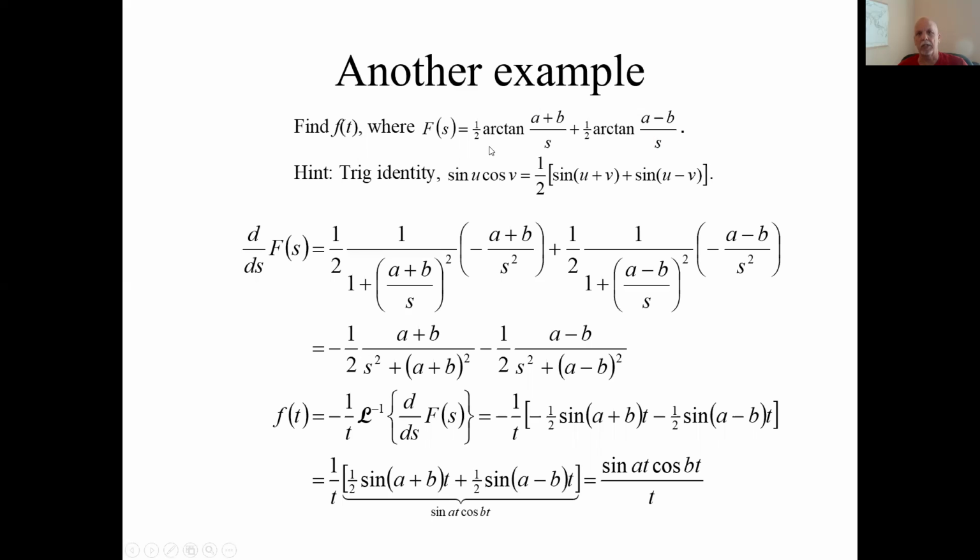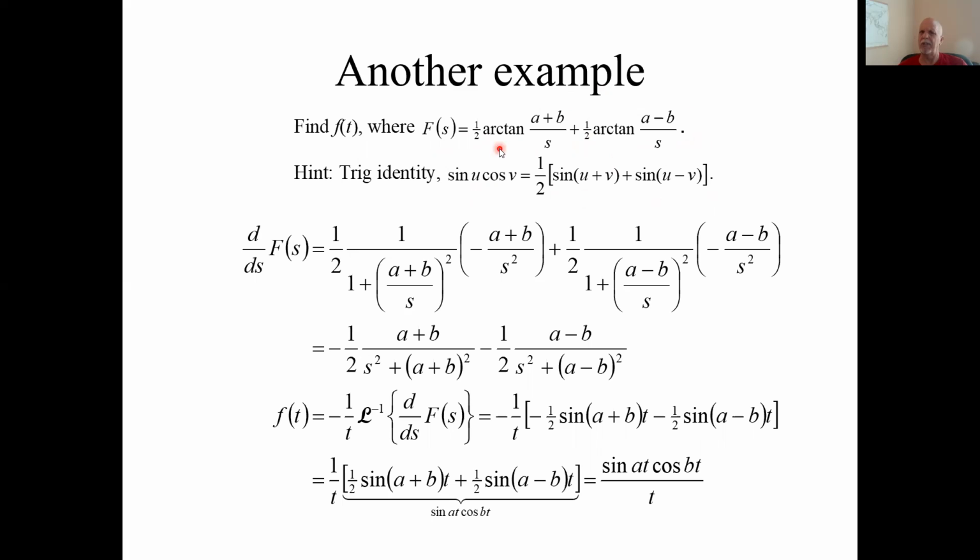Here's another example. Like I said, if you see arctangent, think of this property. So find the inverse Laplace transform of this mess here. And we will at least use a trig identity, which is given to us as a hint here. So again, think of this property. Take the derivative of this guy with respect to s.